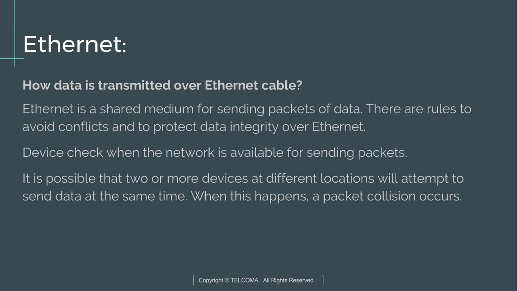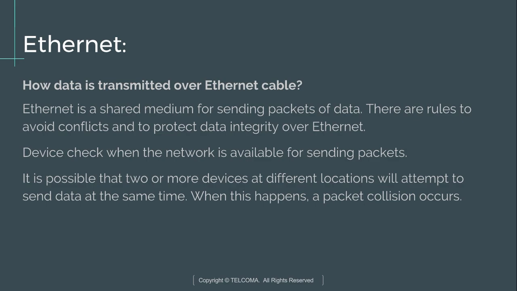Next is how data is transmitted over an Ethernet cable. As we noted, as the network evolved, there are many devices connected over Ethernet. It means they are using the same shared media over which they send their packets in the network. So conflicts can occur in the network.